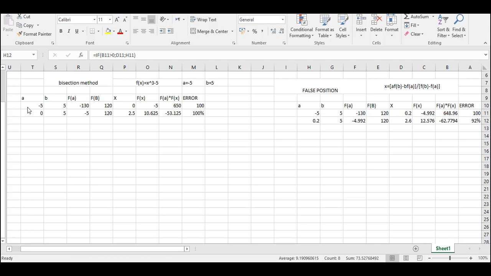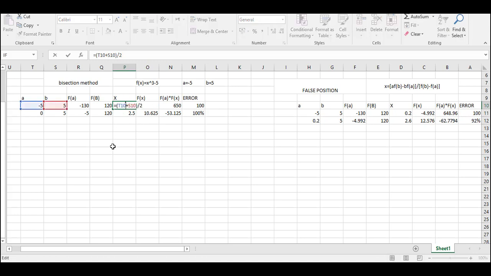For example, parameter a is the same, parameter b is the same, f of a, f of b, f of x are the same, the condition is the same, and the technique used to get the error is the same. But what is the change? The change here is the formula used to get the value of x.